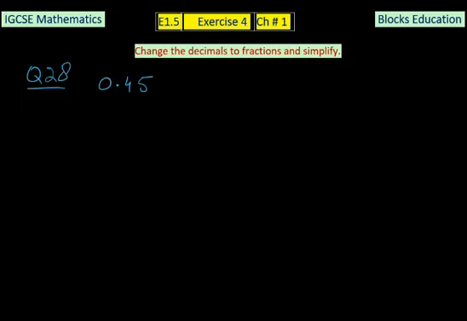In question number 28, we are given the decimal number 0.45, and of course we have to change it into a fraction. So as per the rule, first we write 0.45 like this, put a denominator line, and instead of the decimal point we place a 1, and we see how many digits we have. We have 2 digits after this decimal, so we will add 2 zeros to it, and now we can remove this 0 and dot.